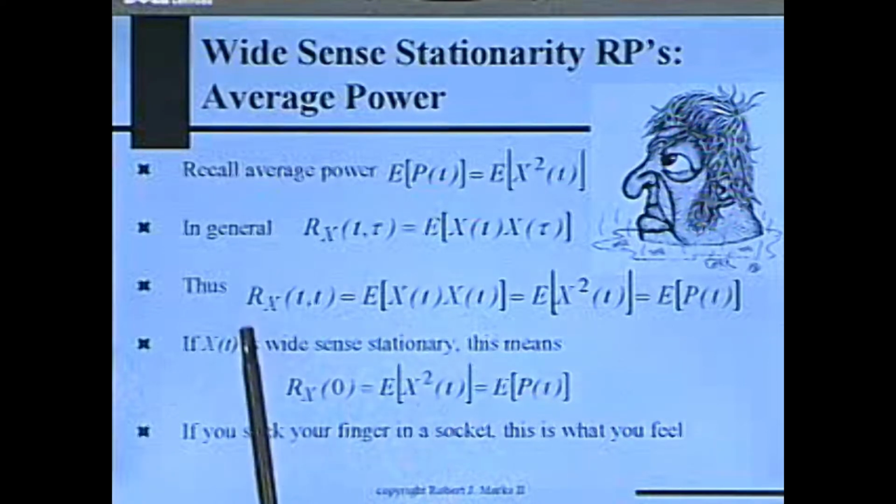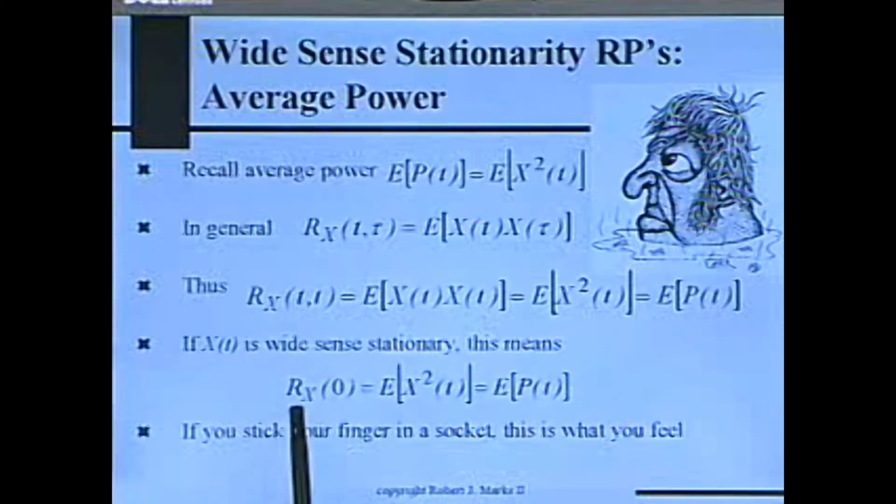And that if we have a wide sense stationary process, the autocorrelation evaluated at the origin is equal to the expected value of x squared of t. Let me elaborate on this just a little bit.